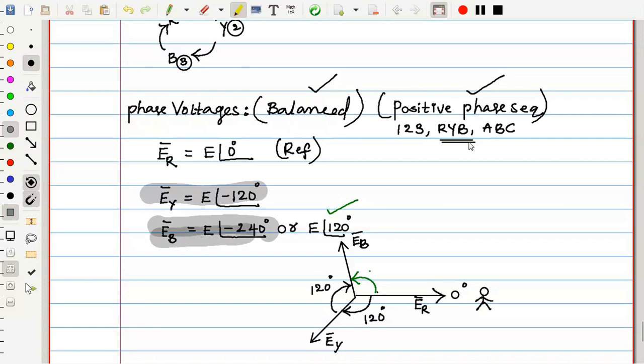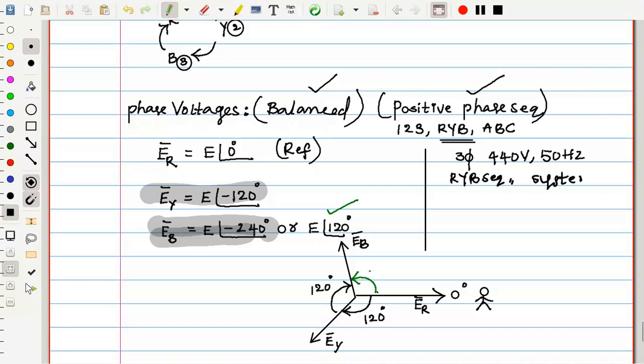They won't give all the things. What they will give is just what I am trying to write here. Later on they'll say something like this: three phase 440 volts 50 hertz, positive sequence, or they will say RYB sequence system, that's all.